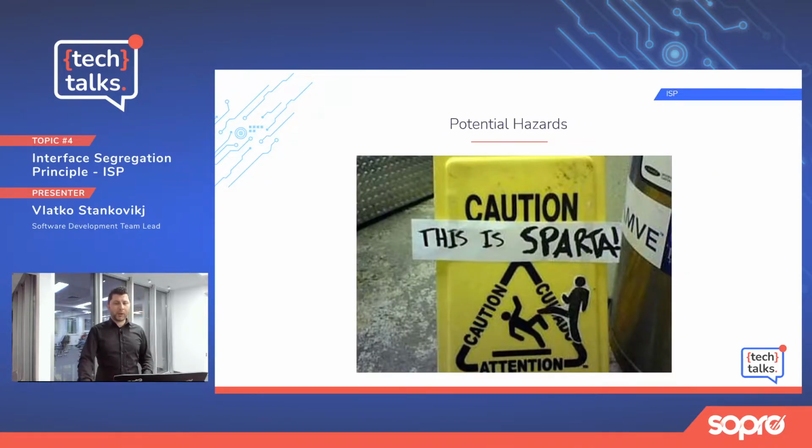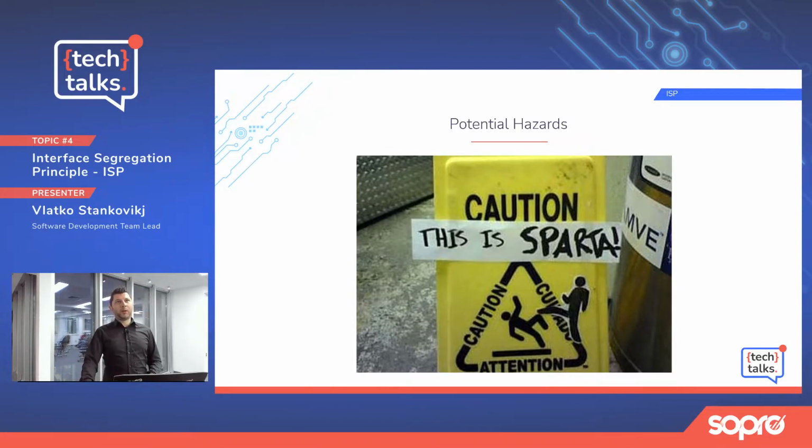What are the potential hazards for a solution like this? It tends to grow with a huge amount of interfaces. Let's say you want to add an additional item in your store, like a t-shirt or a long sleeve shirt.